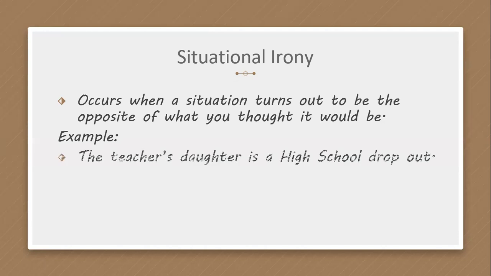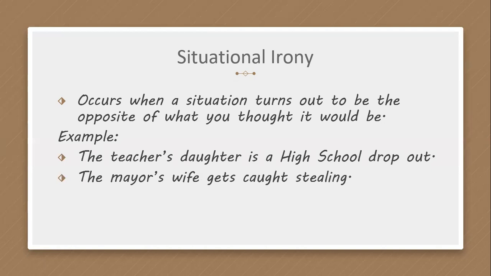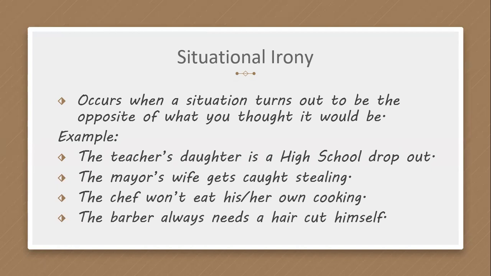Yeah. For example, the teacher's daughter is a high school dropout, or the mayor's wife gets caught stealing. The chef won't eat his or her own cooking. The barber always needs a haircut himself. So a mayor's wife gets caught stealing.